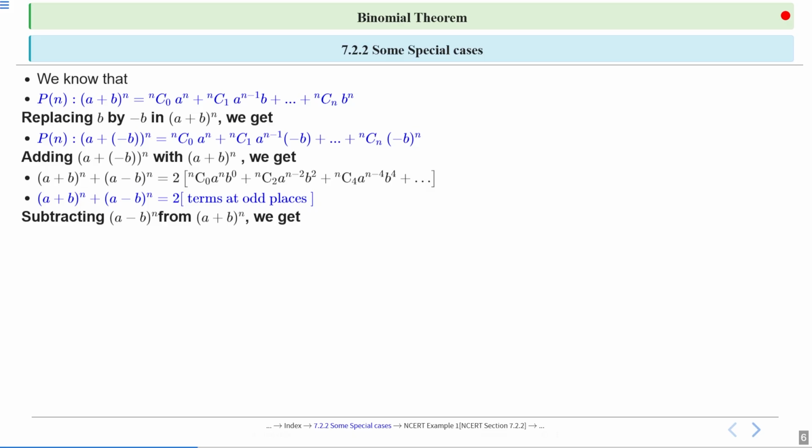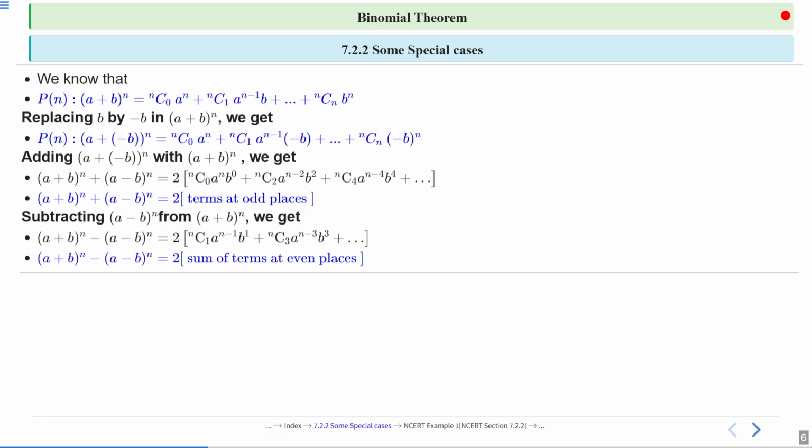Then we get (a + b)^n - (a - b)^n = 2 times [nC1 a^(n-1) b^1 + nC3 a^(n-3) b^3 + ...]. So this can also be written as (a + b)^n - (a - b)^n = 2 times the sum of terms at even places. Clear? I think it is clear to all of you. So now let's move to the next concept.